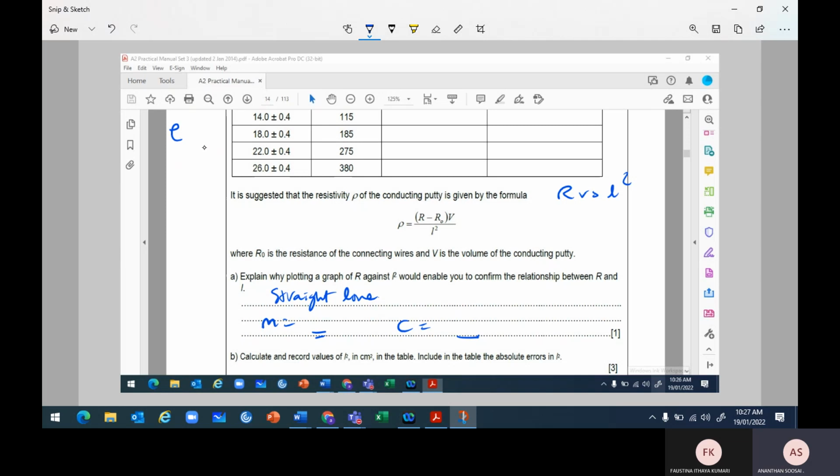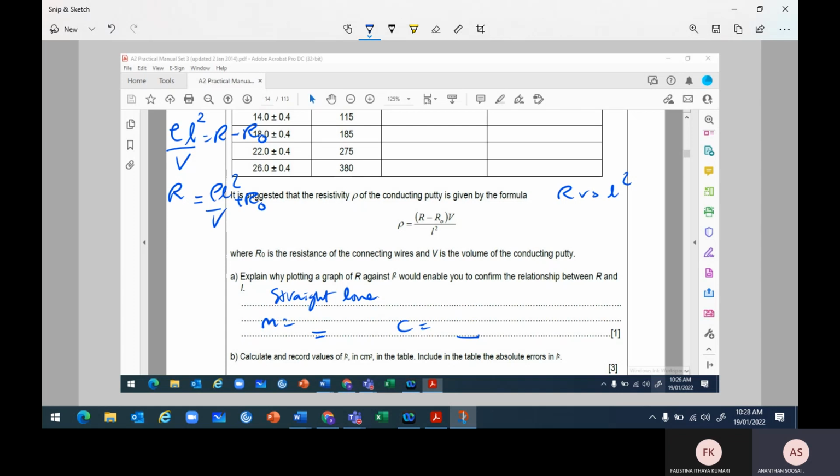So how do you turn that formula into a straight line? We have to arrange the equation first. So rho L squared, it always becomes a straight line. So R minus R naught, right? So we bring it to the other side: R equals rho L squared over V plus R naught, right?